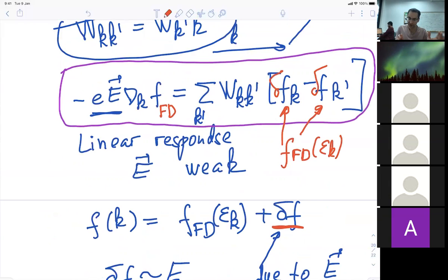So on the left-hand side, there is a known function, which is a derivative of the Fermi-Dirac function with respect to k. And on the right side of the equation is an unknown function delta f, which is a correction to the equilibrium distribution. And now we need to solve this equation and to find delta f.